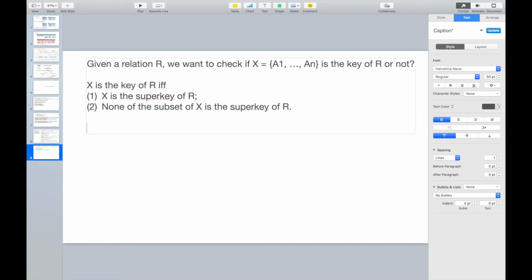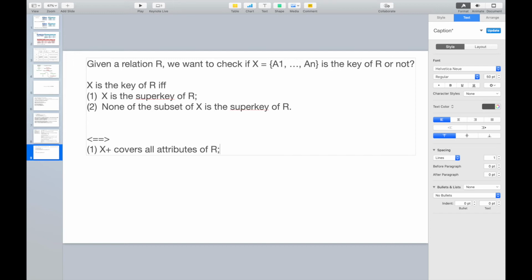If we use the closure of the attributes, how can we check if X is a key or not? We just need to check if the X closure covers all attributes of R or not.